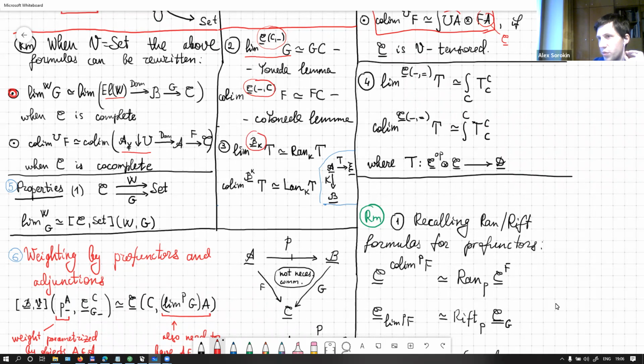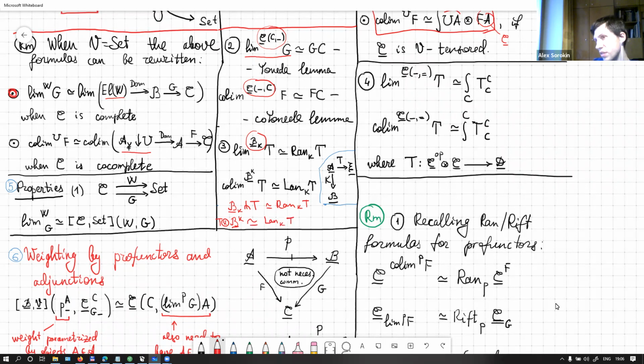These formulas can be rewritten in the following way: B sub k cotensor T is isomorphic to Ran k T, and B super k, tensoring with the profunctors on the other side, T will be Lan k T.